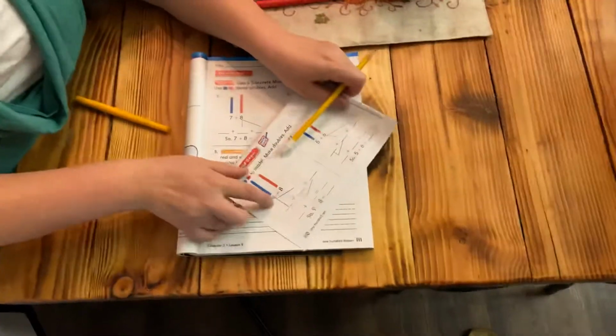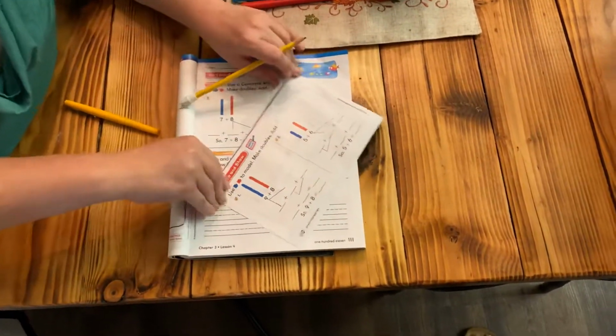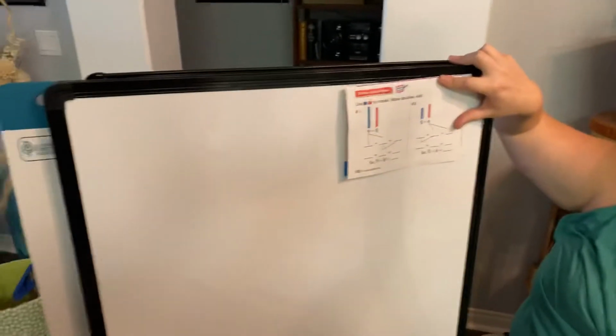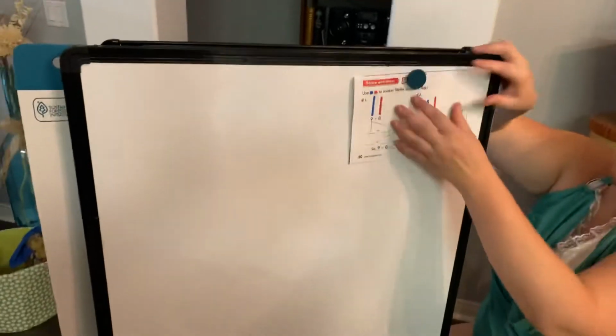Now, this looks a little crazy. So we're going to come over here to our whiteboard and we're going to put this problem up here where we have space. You guys all have your own whiteboards, so go ahead and grab them and feel free to follow along with me. This is a lot going on. I want to simplify it for you.